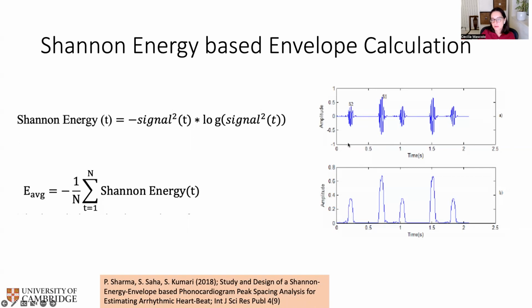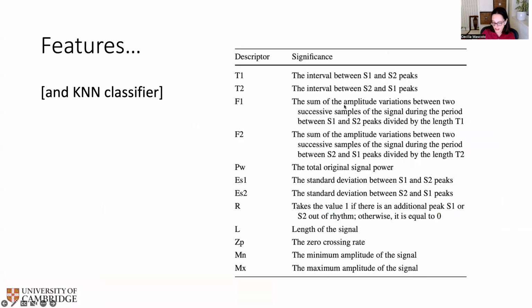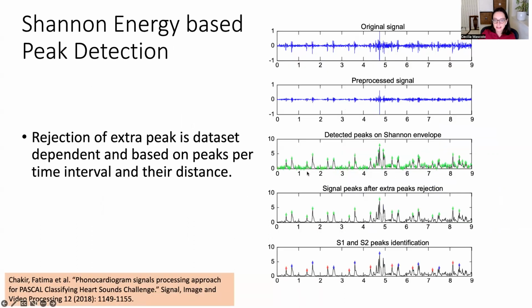What it does is flip all of it to the positive side, and then calculates the area under this. This is a very good measure that has been used in various papers, but we've seen something similar until now. This is an example of a paper from 2018 that took the original pre-processed signal and detected a number of peaks using the envelope.